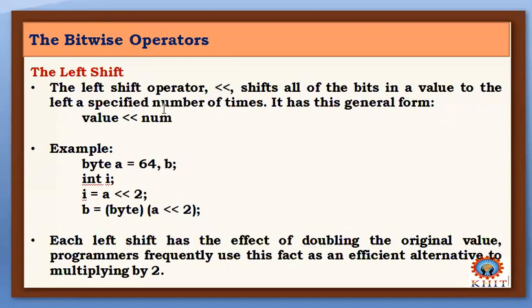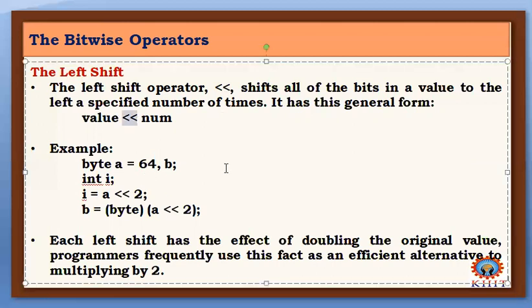Basically, there are two types of shift operators, left shift and right shift. This symbol is called the left shift operation. With the left shift, it will shift the value by some number. Suppose A is equal to 64, and I am shifting this A by 2.